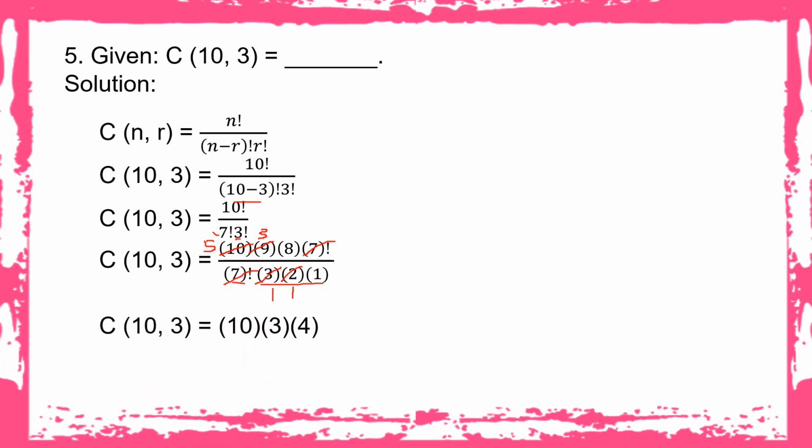Okay, so the only numbers remaining are 10 times 3 times 4 for our numerator, and for our denominator we have only 1, so we do not write it. So I want you to compute 10 times 3 times 4. What is the answer? Very good. Combination of 10 and 3 is equal to 120.